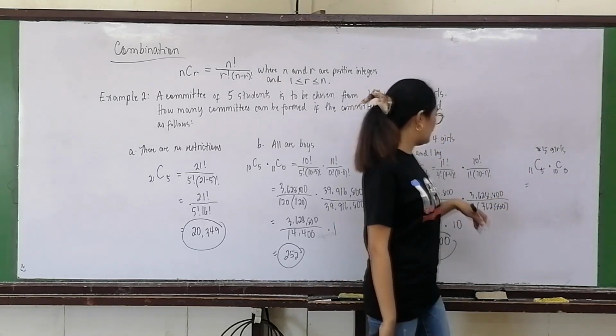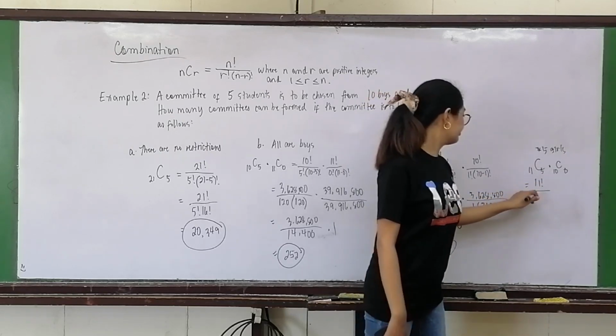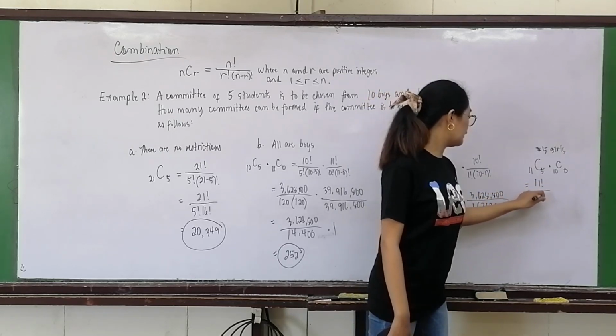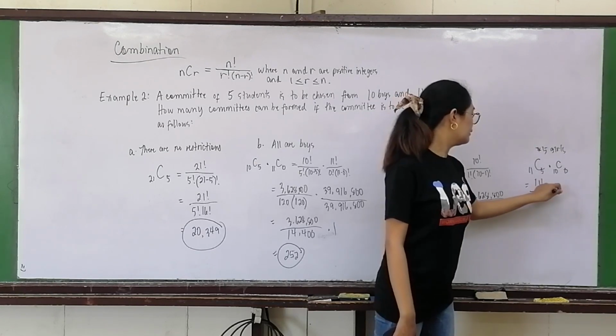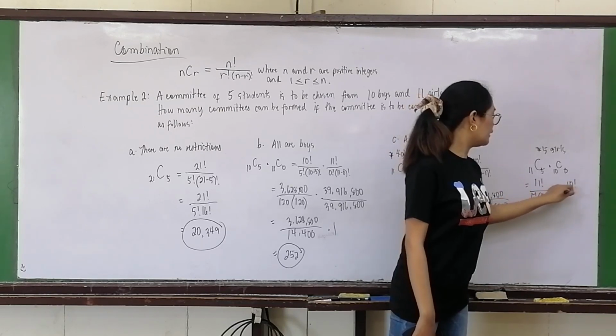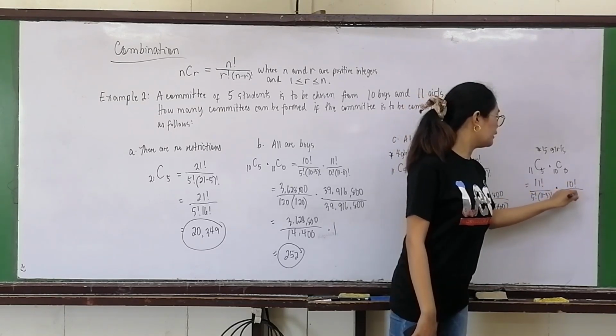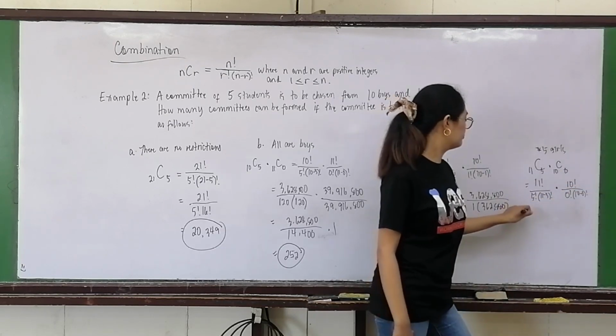We get 11 factorial over 5 factorial times 11 minus 5 factorial, times 10 factorial over 0 factorial times 10 minus 0 factorial.